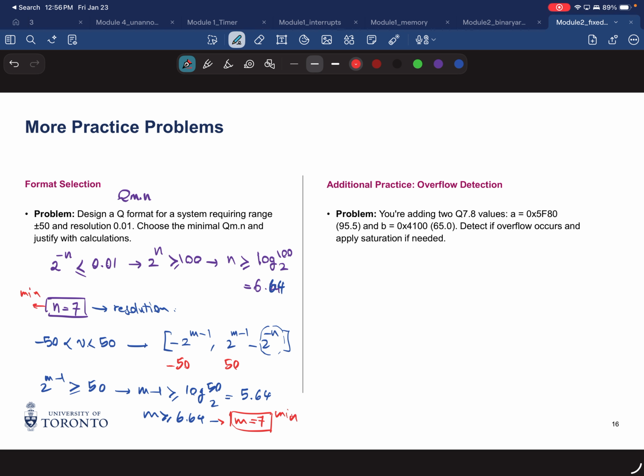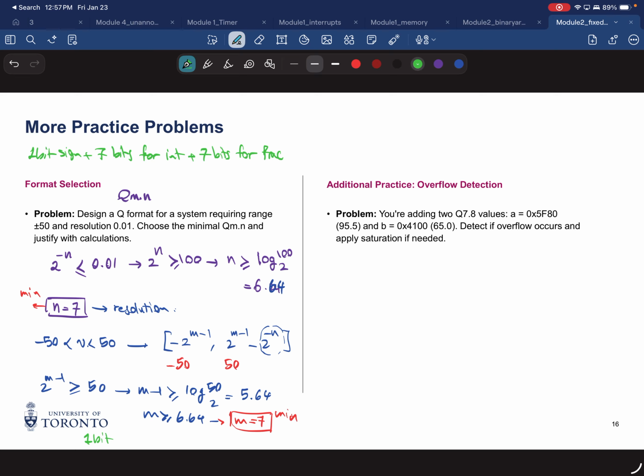So in total, since this is signed, by the way, we need 1 bit for the sign as well, right? So in total, how much do we need? 1 bit for the sign, 7 bits for the integer, or the resolution that we wanted, and then 7 bits for our range or our fraction.